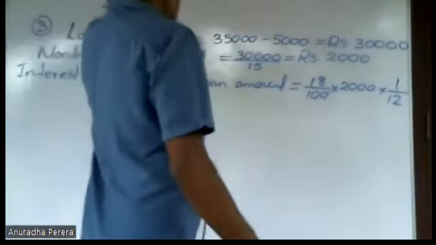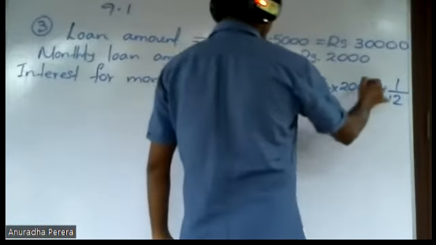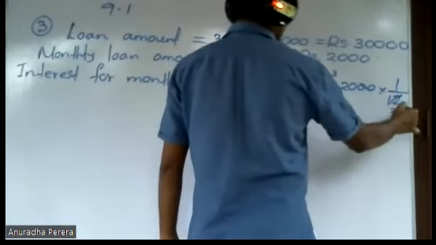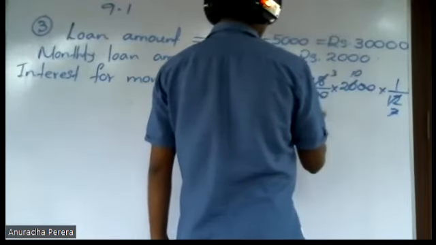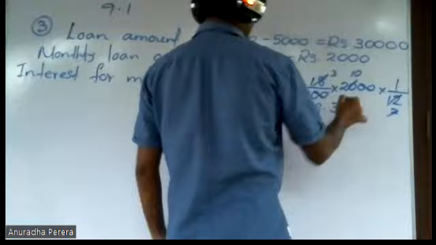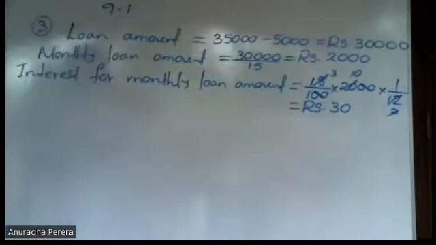Interest for monthly loan amount. Divided by 6, 30 rupees. Interest for monthly loan amount.